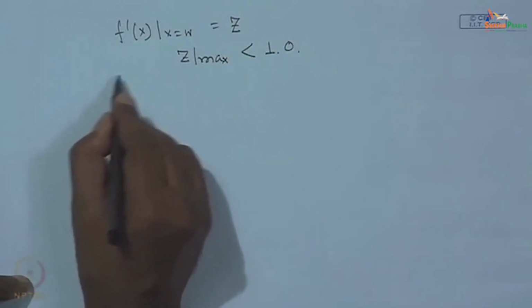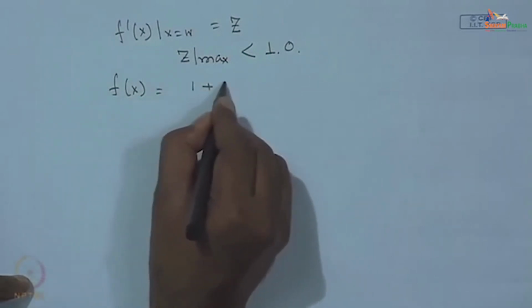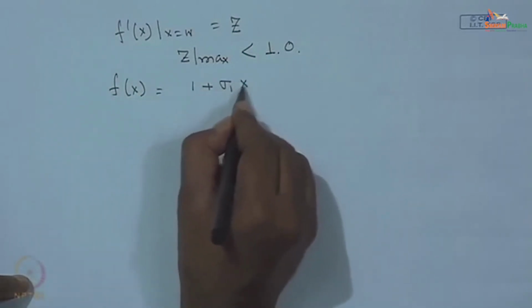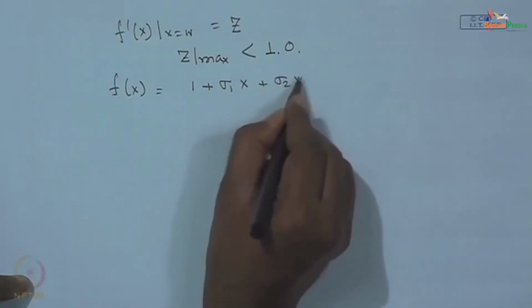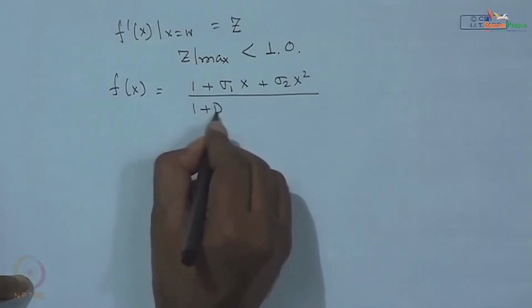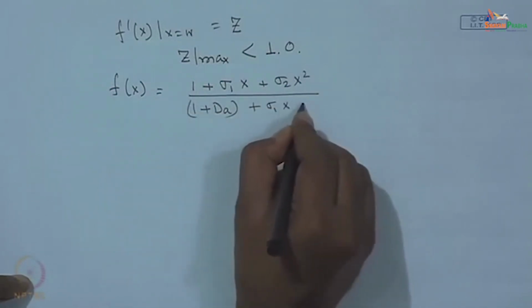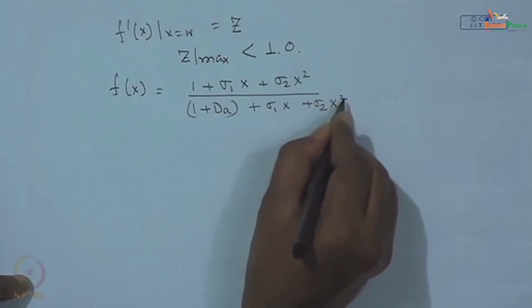So, f x is equal to 1 plus sigma 1 x plus sigma 2 x square divided by 1 plus dA plus sigma 1 x plus sigma 2 x square.